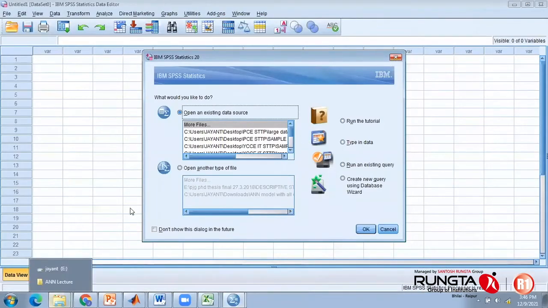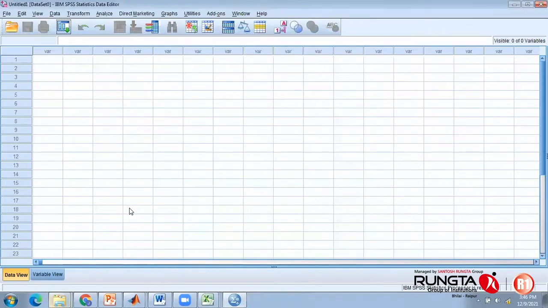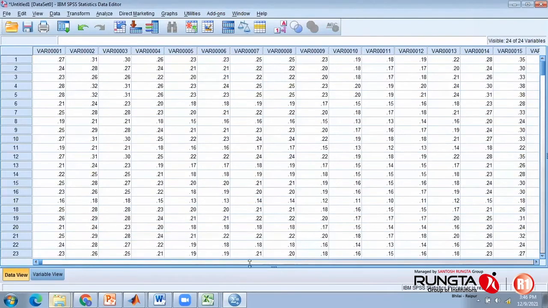This is the SPSS window visible on the screen. I can paste the data in SPSS. SPSS is the IBM software, the Statistical Package for the Social Sciences.